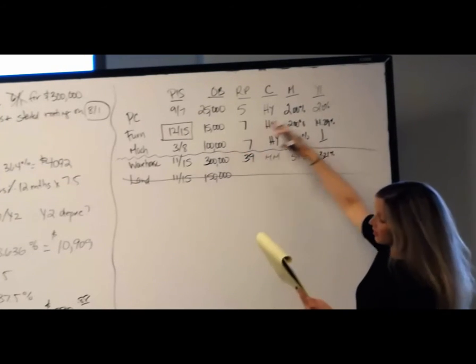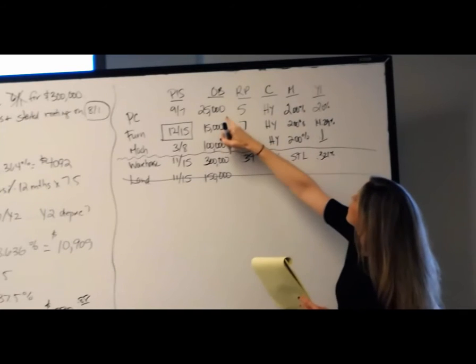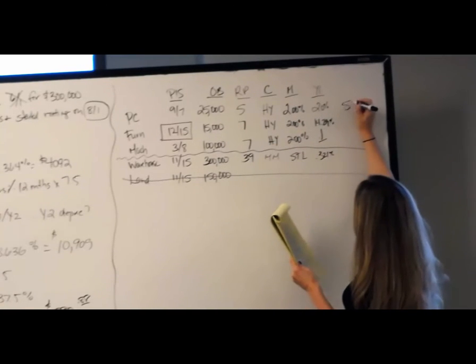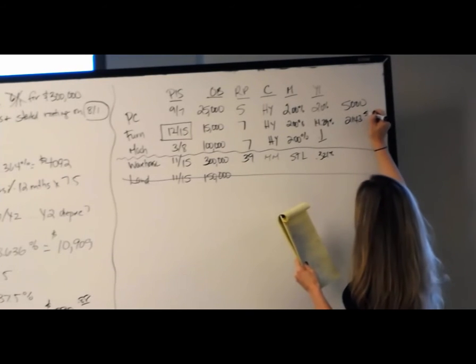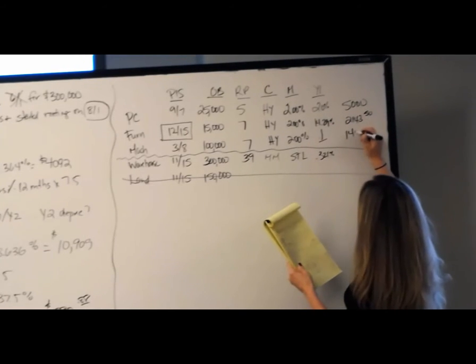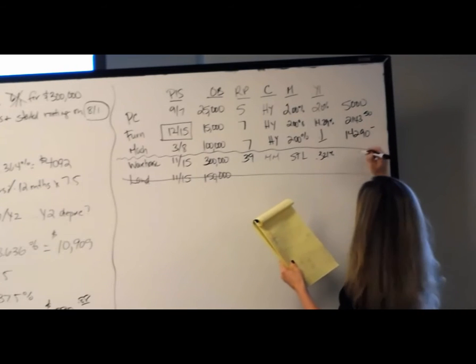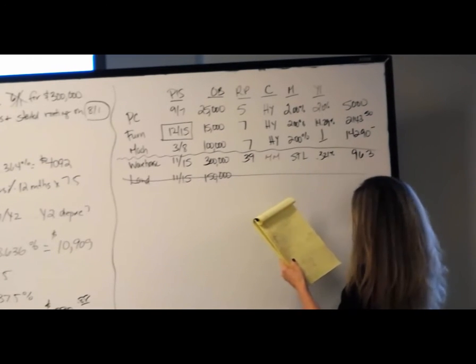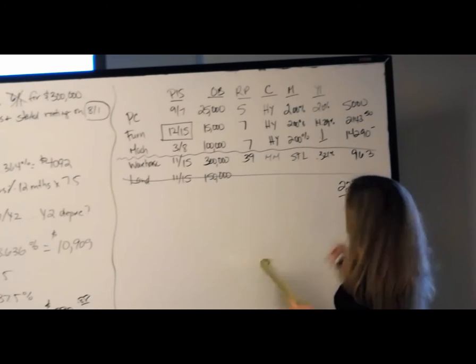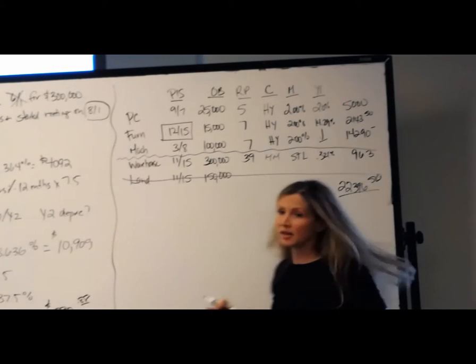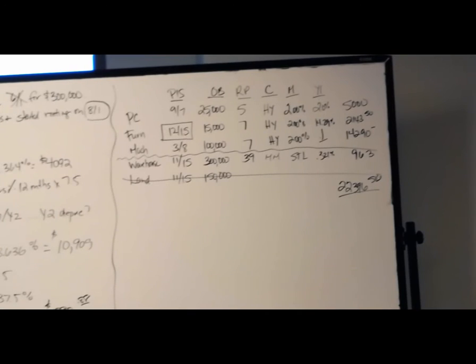Okay, guys, and then you can calculate from there. Take your original basis times your percentage for year 1. It should be 5,000. So this should work out to $22,396.50.